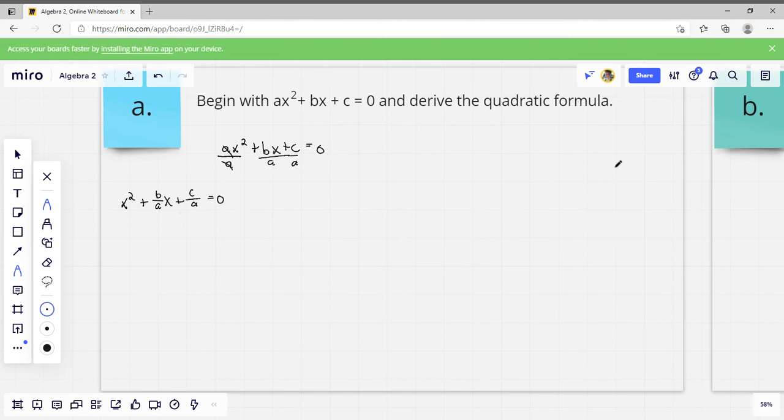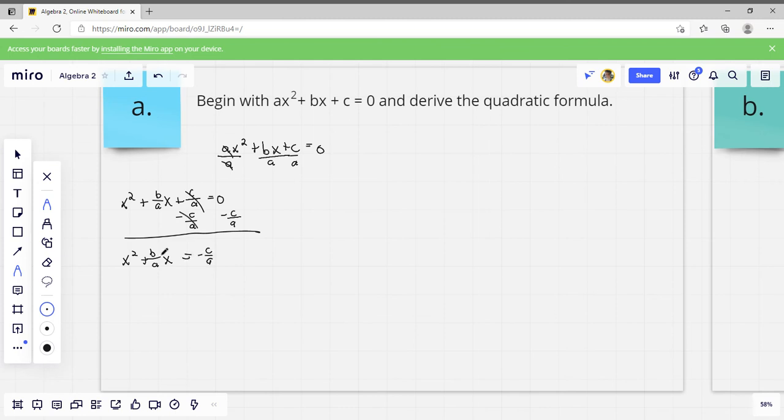Now when we complete the square, we move this term to the other side, and we get x squared plus b over a x equals negative c over a.